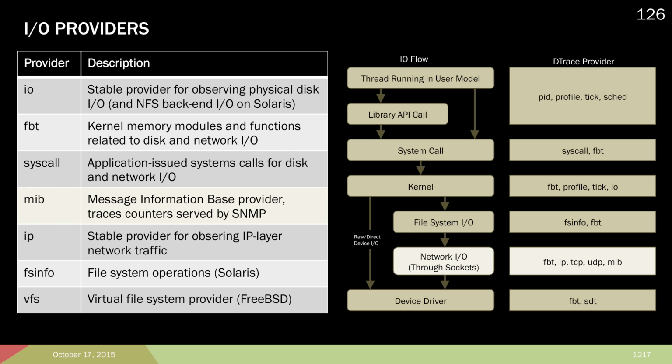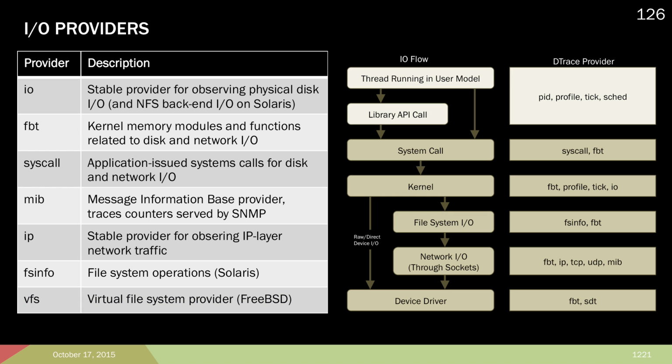MIB, the management information base provider, traces counters served by SNMP. Socket: network I/O in our diagram. IP, the stable provider for observing IP layer network traffic, also network I/O through sockets in our diagram. fsinfo: file system operations in Solaris, file system on our diagram. VFS, the virtual file system provider on FreeBSD.